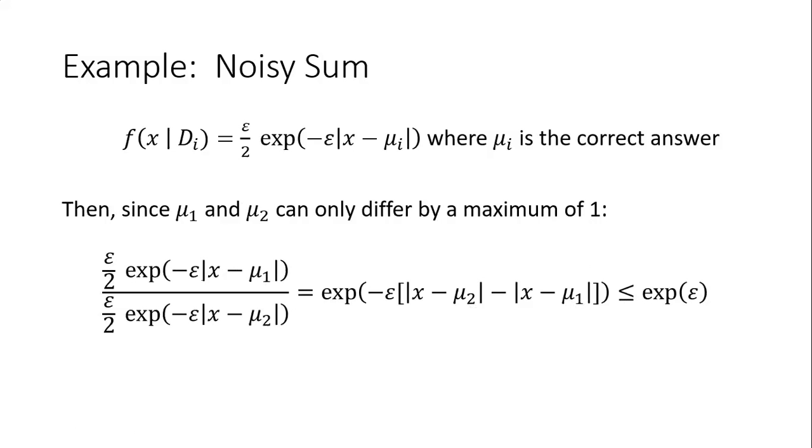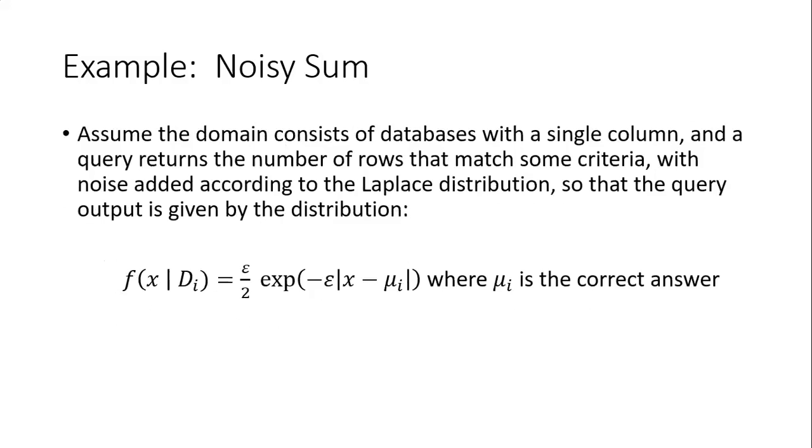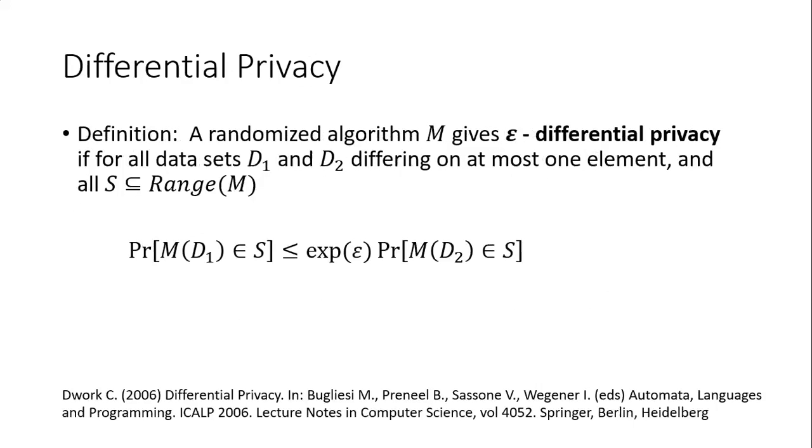When we say differentially private, it's actually epsilon differentially private. If epsilon is a small positive number, then it's fairly private. If epsilon is an extremely large number, it's not very private, even though it's still epsilon differentially private.